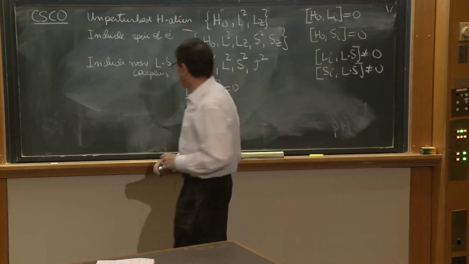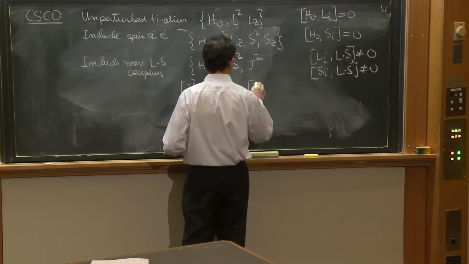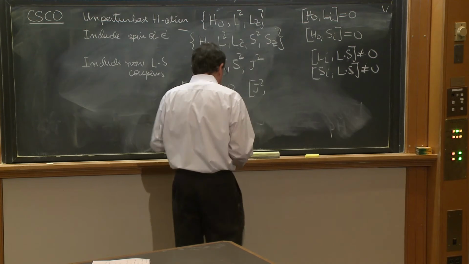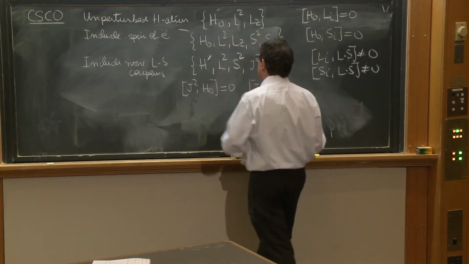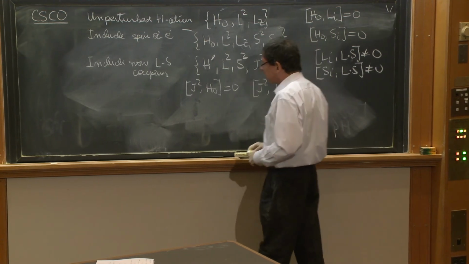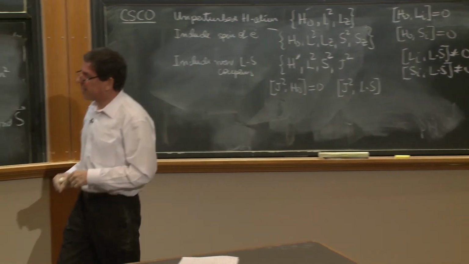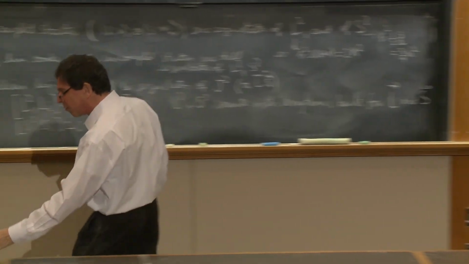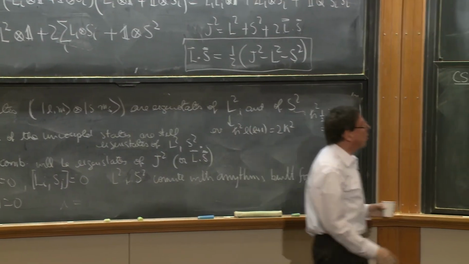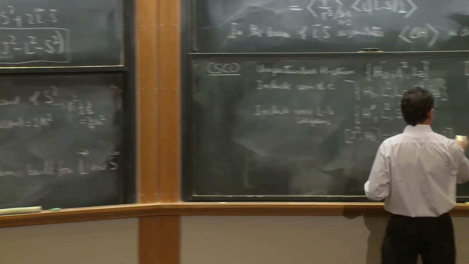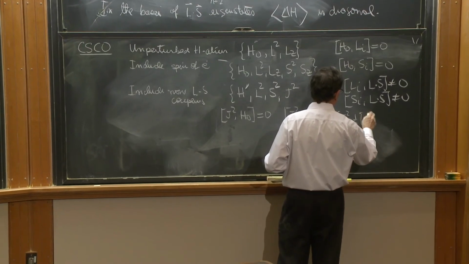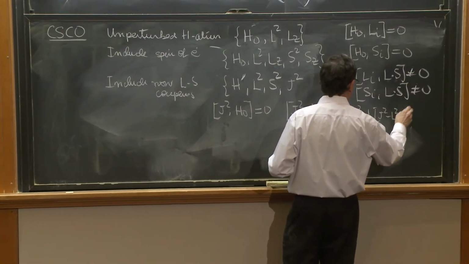How about J squared with the part of H prime that is extra? Does it commute with L dot S? Well, that case is also simple, because you should remember that L dot S is given by this. So J squared with L dot S is the same as J squared with one half of J squared minus L squared minus S squared.